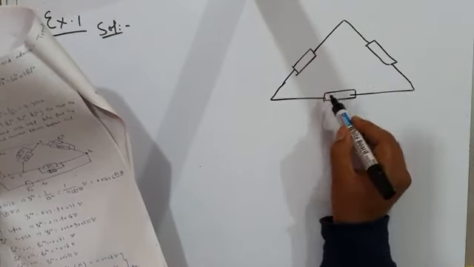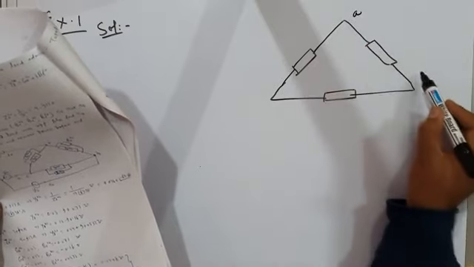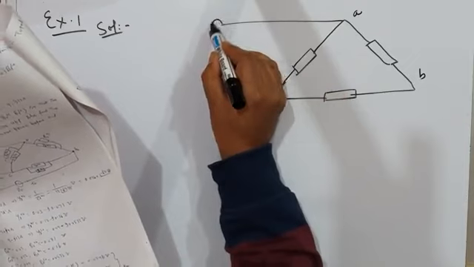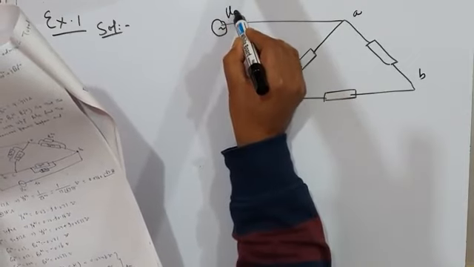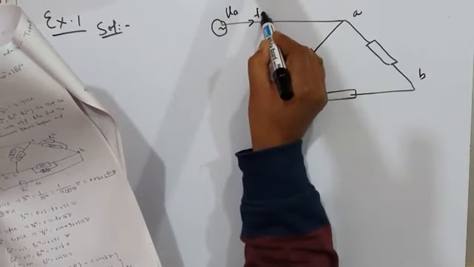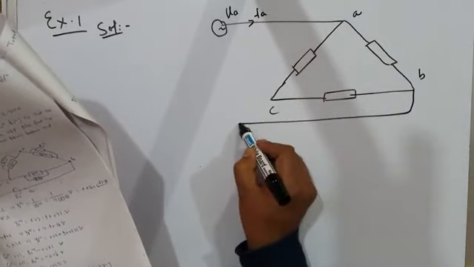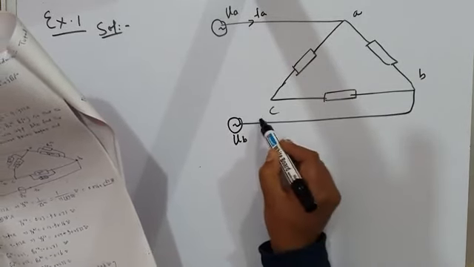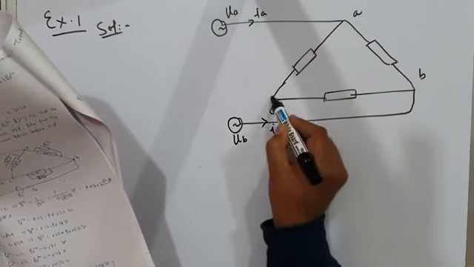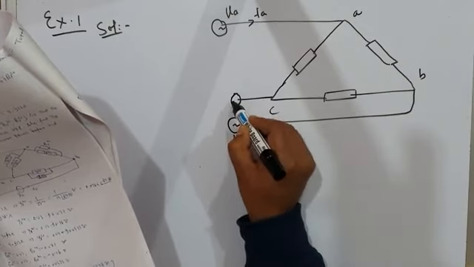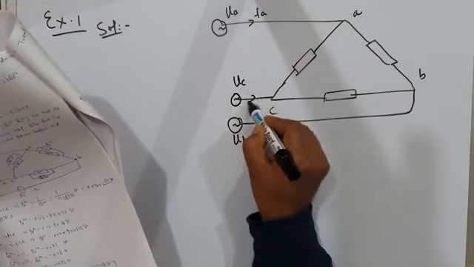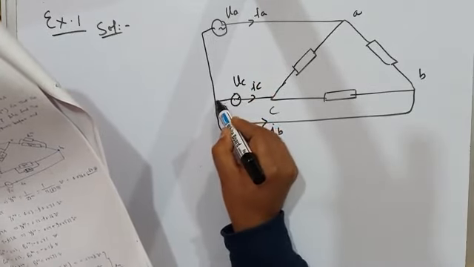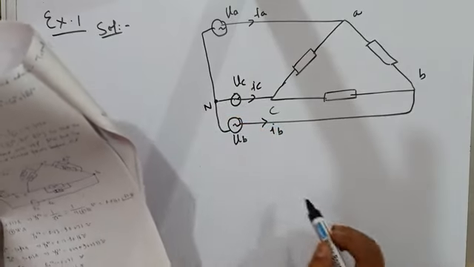This is A, this is B, and this is C. This is VA, IA, VB, line current IB, and this is phase voltage VC and line current IC. This is the supply neutral N.